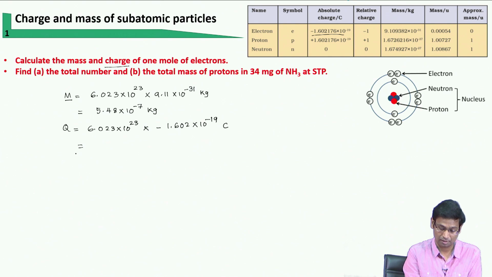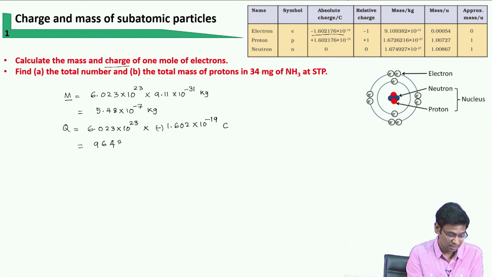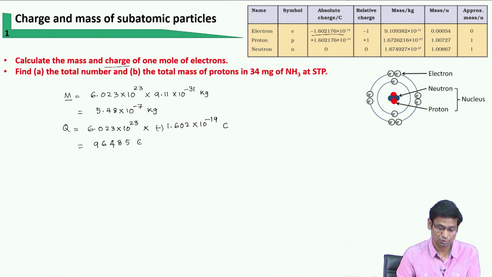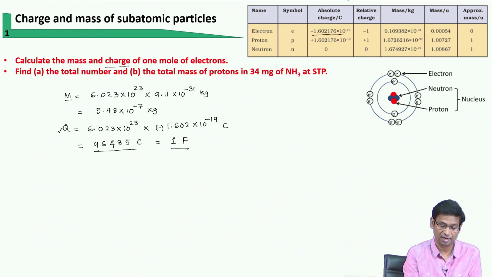This minus sign should remind you that the electron is a negatively charged particle, and when you do this number crunching you would get one important number, 96,485 coulomb, which has a common name, known as 1 Faraday. You would use this when you learn more about electrochemistry. So the charge on 1 mole of electrons is 1 Faraday, or this number that you are having. So this is the first question.